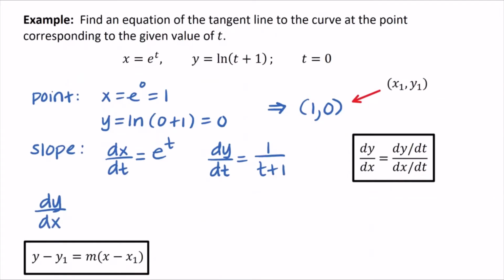Thus, dy/dx will be equal to 1 over the quantity t plus 1, all over e to the t, which simplifies to 1 all over t plus 1 times e to the t.